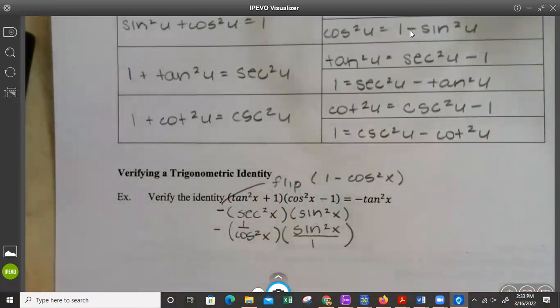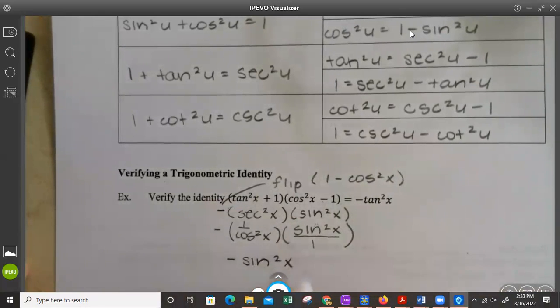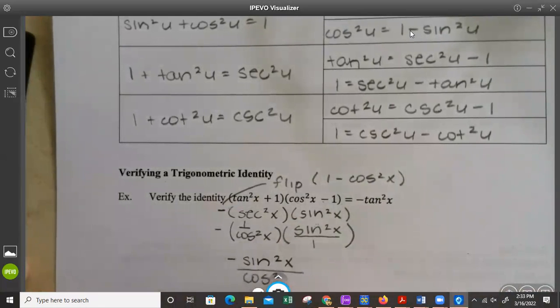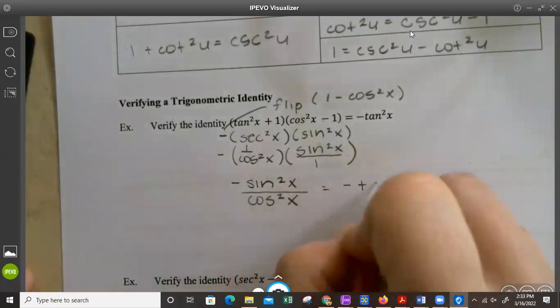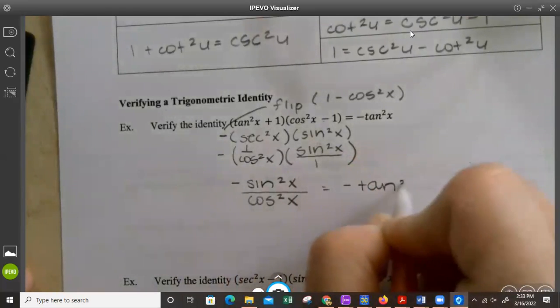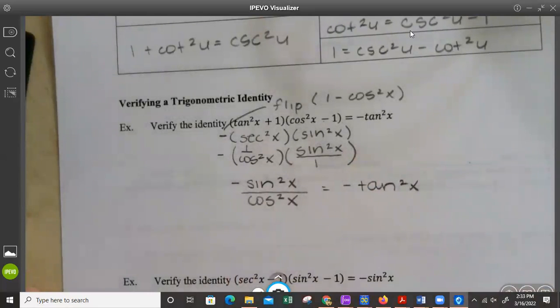What do we have on the top? What else do we have out here? A negative. 1 times sine squared x is sine squared x. On the bottom, cosine squared x times 1. What is sine over cosine? Tan, and it's tan squared x. That's it.